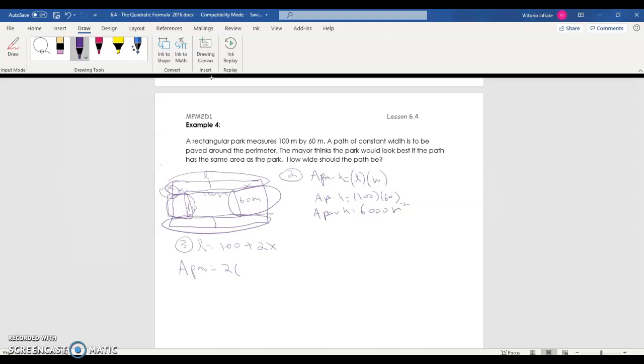So 2 times the length, which is 100 plus 2x, times x, because that's the x value here. And again, it's 2 times that because it's this and this, plus the little areas over here, and that's going to be 60 times x. But don't forget there's 2 of those, so it's going to be 2 times 60 times x.